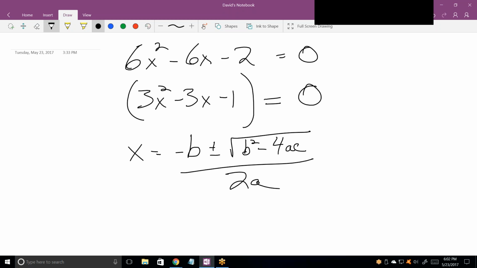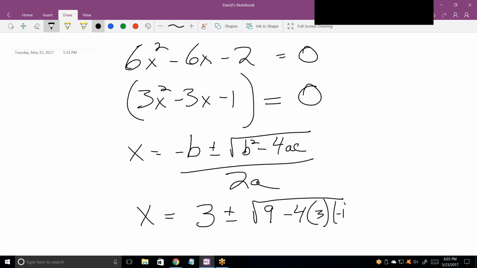Okay. Now, what does that x become? It becomes 3 plus or minus the square root of 9 minus 4 times 3 times negative 1. I definitely suggest you write it exactly like that.